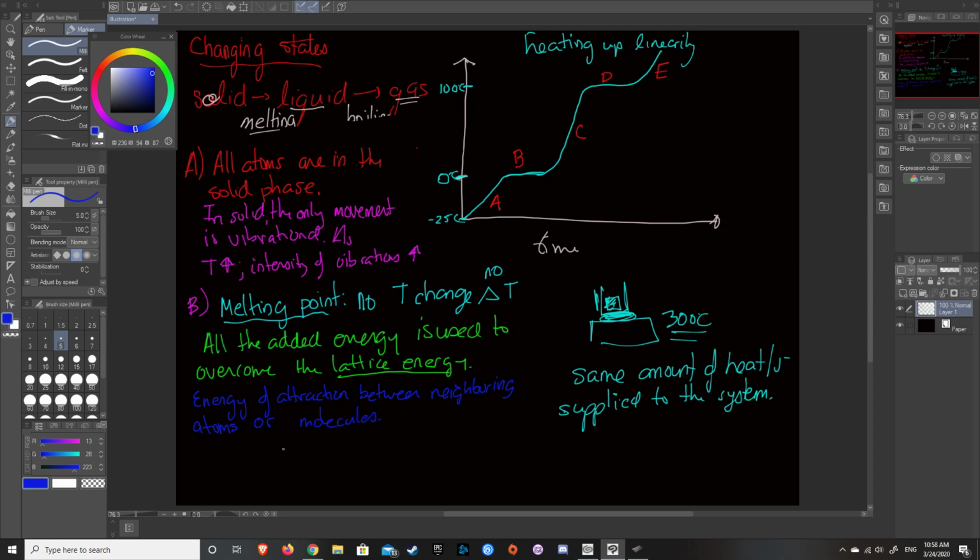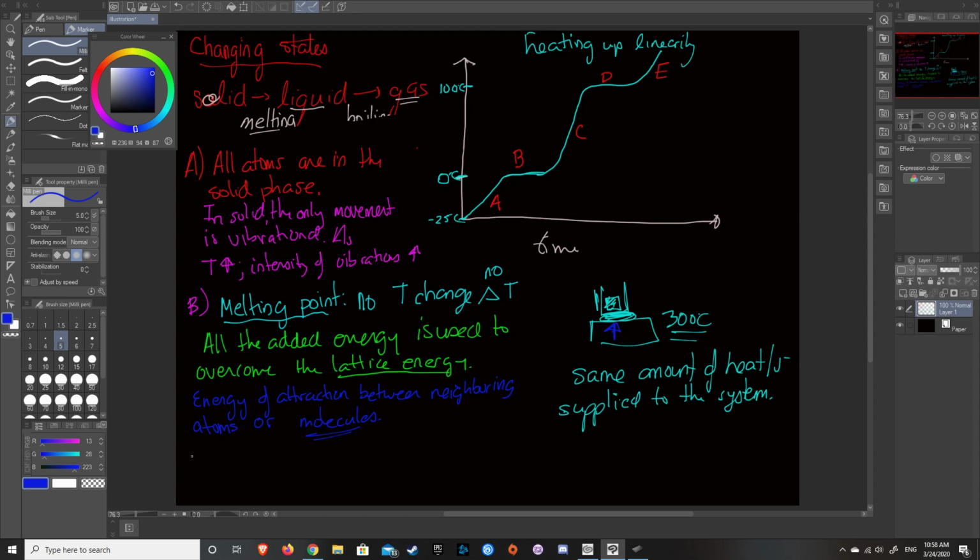Sugar can be a solid, but when it's in a solid phase, the sugar molecules are all next to one another. It's not just atoms, so we're not just dealing with a pure metal where it's just copper atoms next to one another. We're actually dealing with more complex molecules. So the melting point is no change in temperature because all of this energy we're putting into the system is used to break this attraction between the neighboring atoms.